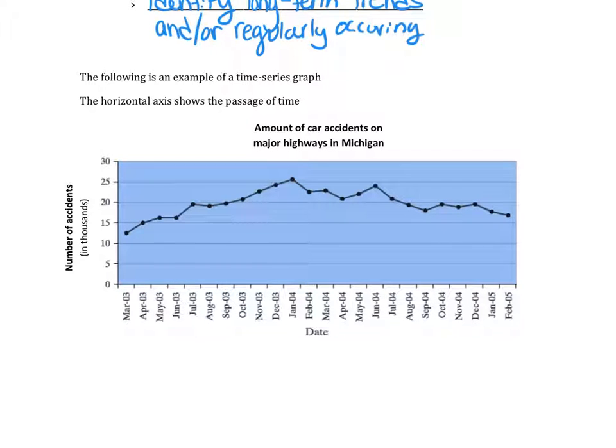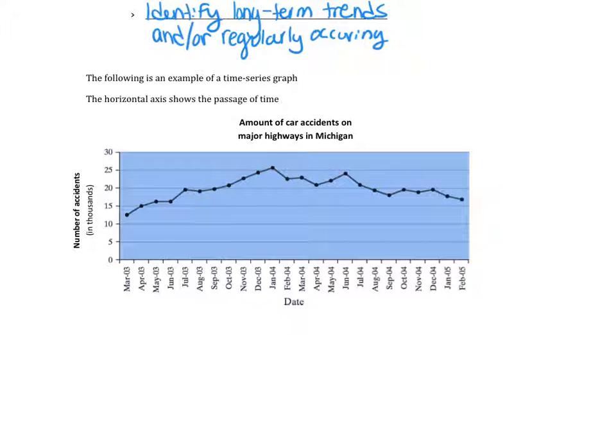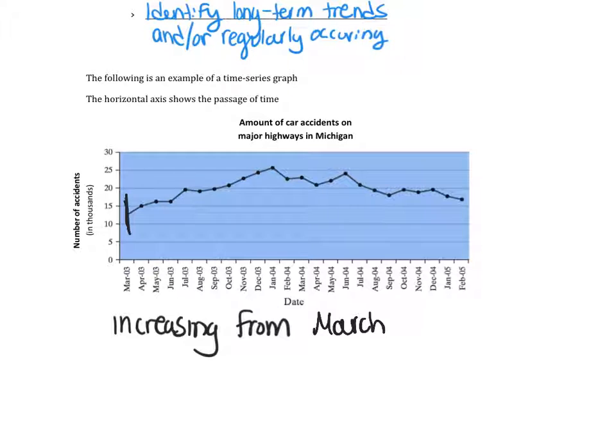So commenting on the trend of the data, you can do a general trend, or you can say it was increasing from March 03 to January 04.